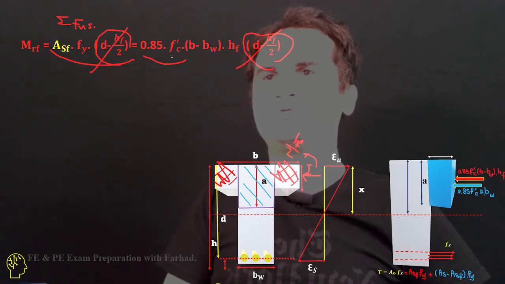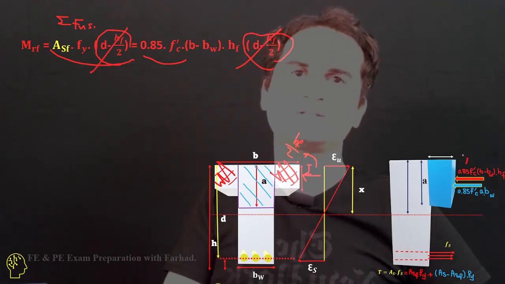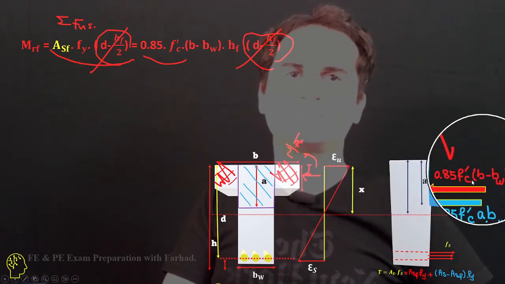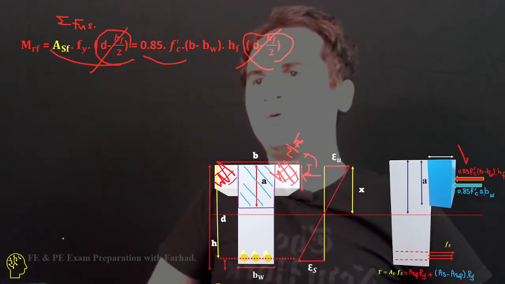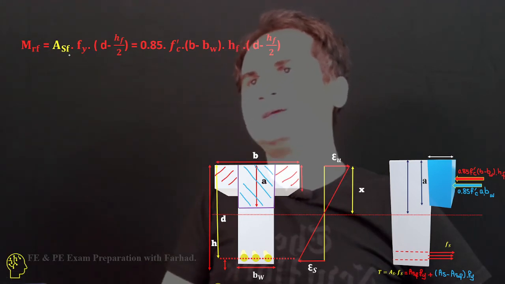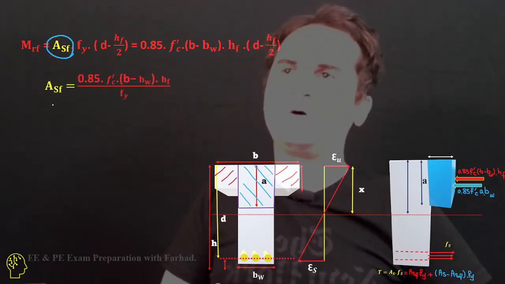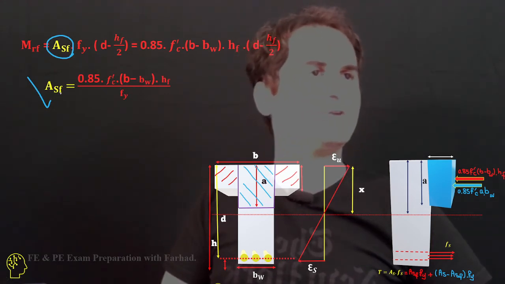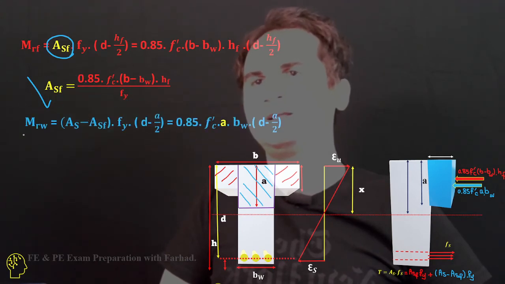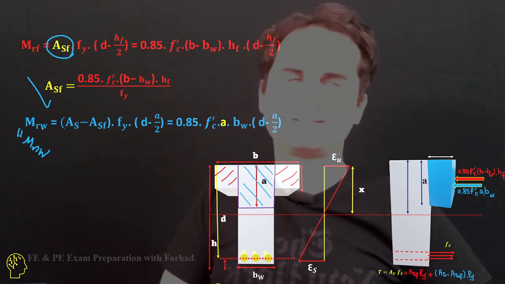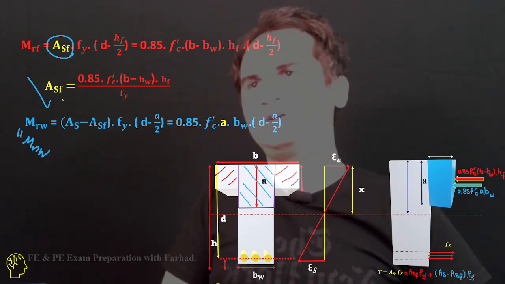The forces are equal: Asf times Fy equals 0.85 f'c times (b minus bw) times hf. The only unknown in this equation is Asf, and solving it gives you the area of steel related to the flange. With that you can easily go for Mnw, the resistant moment for the web. As soon as you have Asf, you can replace it in this equation.